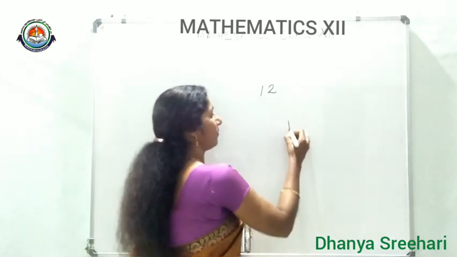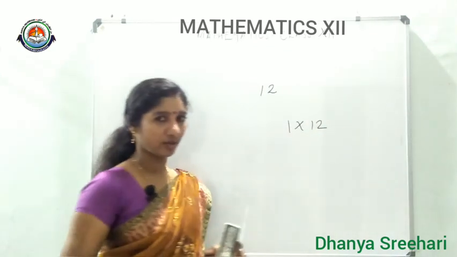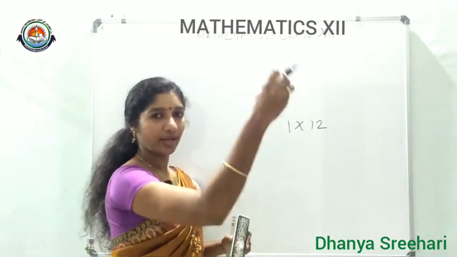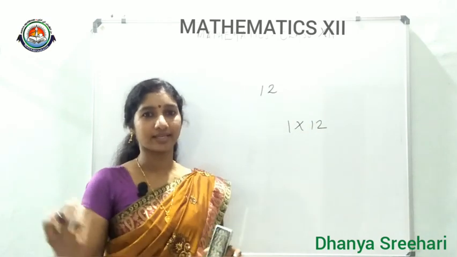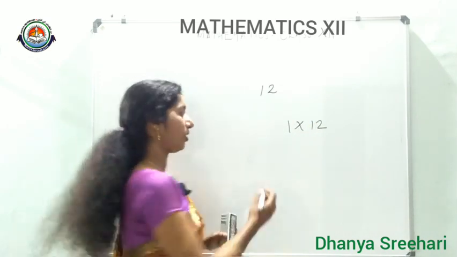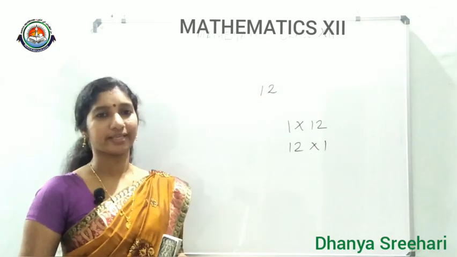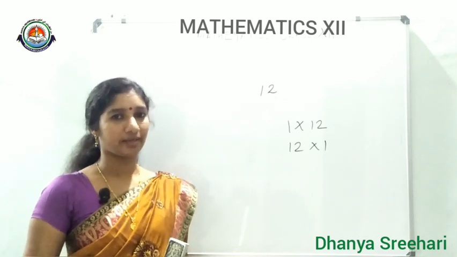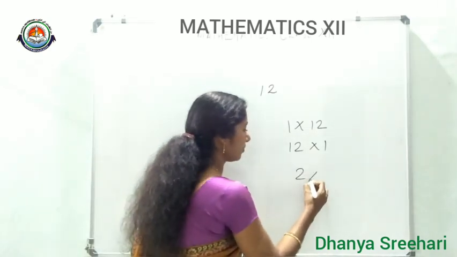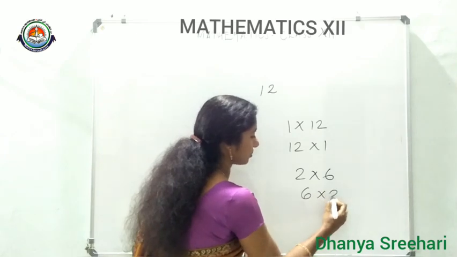We can make 1 by 12 as one order of the matrix, meaning 1 row and 12 columns. That time we are getting 12 elements. Or we can make 12 by 1. That time also we are getting 12 elements in the matrix. Or 2 by 6 or 6 by 2.